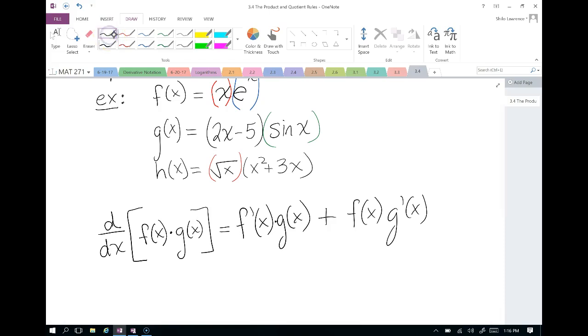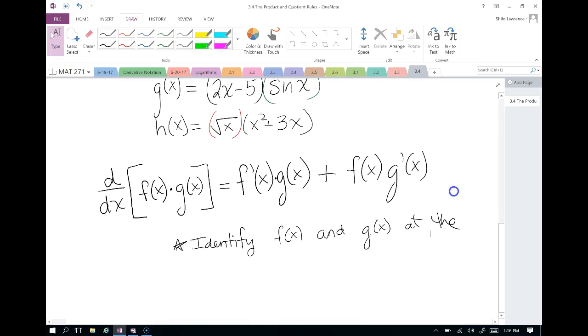So in order to work out these problems, it's good to identify at the very beginning what is your f and what is your g. And work out their derivatives. And then all you have to do is just kind of assemble this little formula to get your answer, and then maybe do a little bit of simplifying.